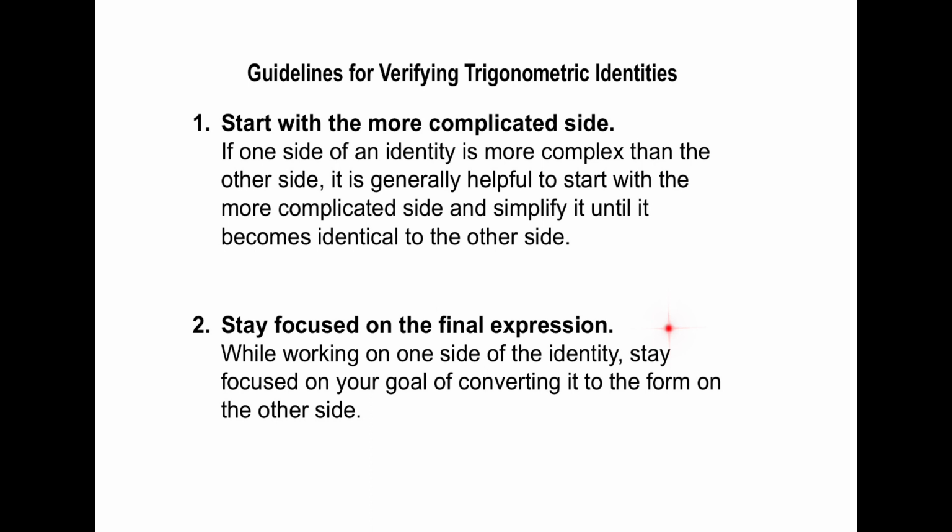Also, stay focused on what it is we're after, right? As we're trying to decide what to do over on the more complicated side, we want to stay focused on what our goal is. What is the trigonometric function we're trying to consolidate it down to, or re-express it as?